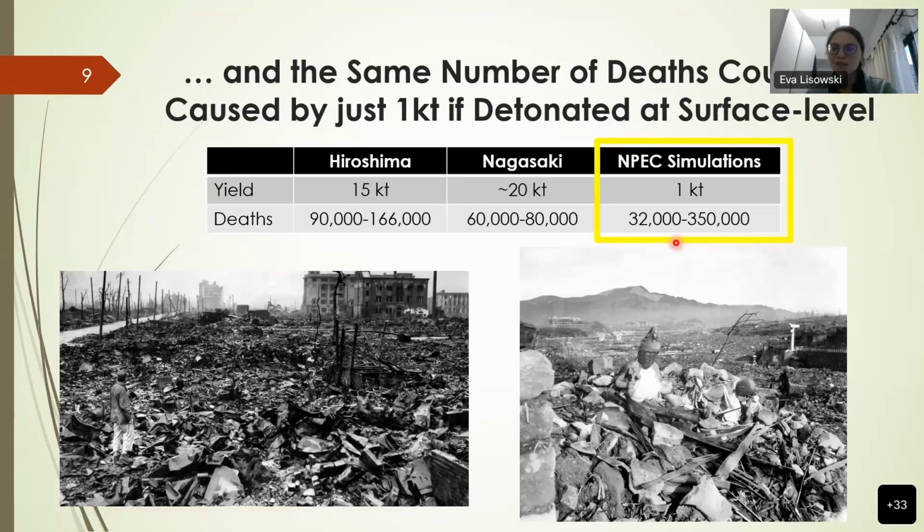So firestorms are also a major cause for discrepancies in the death numbers, because the firestorm could spread quite far out from where the blast rings are. The blast may go this far scientifically, but then the fires may spread and trap people and burn them down. They maybe had some injuries from flying glass, so they can't escape. And rescue, no one planned for how to rescue people from this situation. So fires are a big factor.